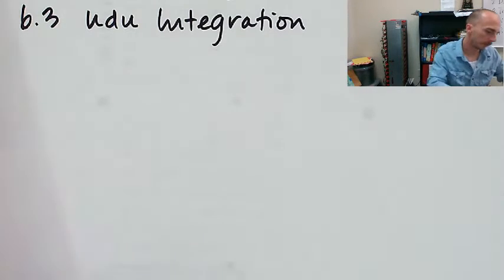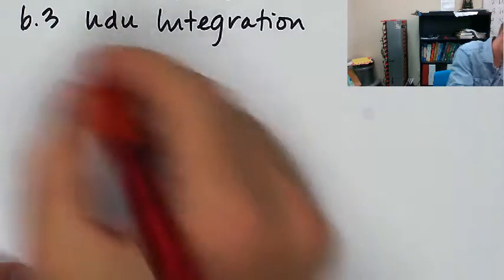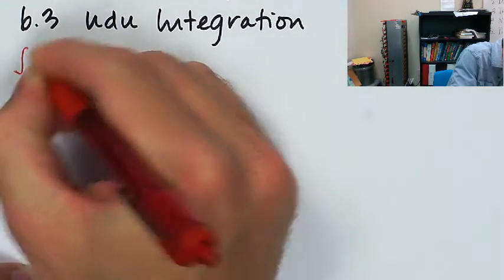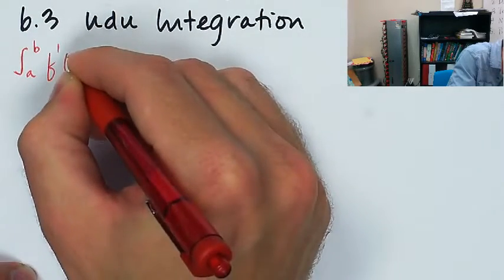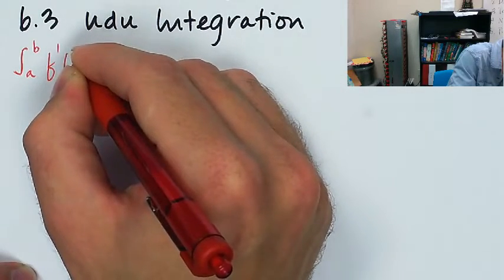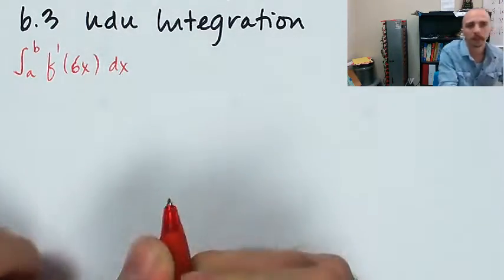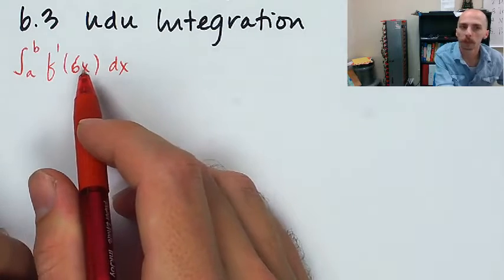We could either have a minor chain rule inconvenience, like the integral from a to b of f prime of 6x dx, or something with some number of x's. I don't think that's worth doing a u-sub.